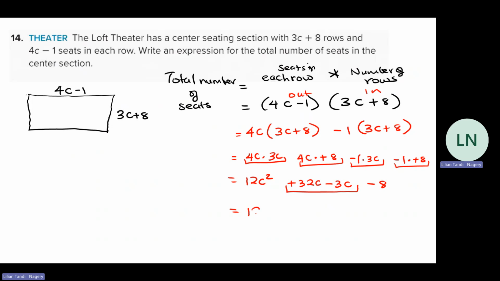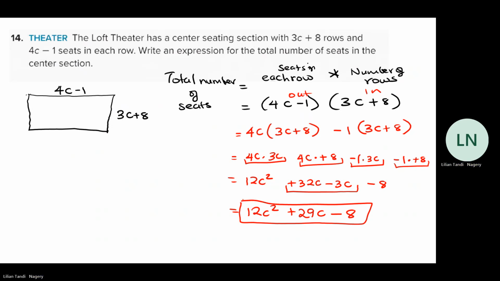So this will be 12C squared plus 19C minus 8. Is it 19 or 29? 29C. 32 minus 3, 29. Not 19, 29. Okay. Then you box your answer.